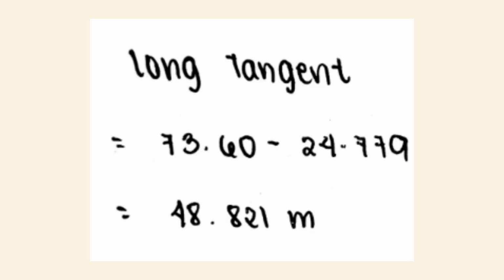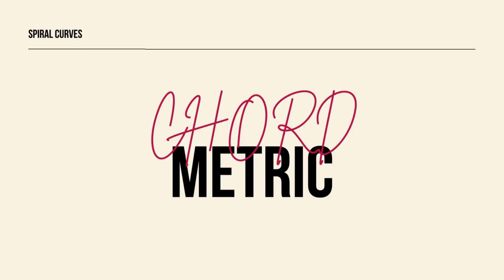Now that we have the value of h, we just subtract that from 73.60 meters to get the value of the long tangent. So 73.60 minus 24.779 is 48.821 meters.